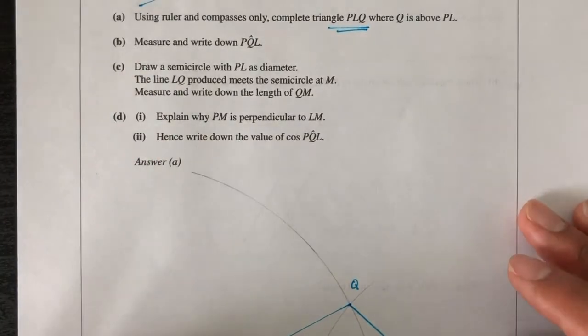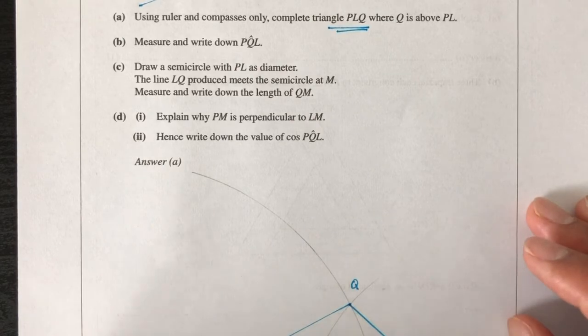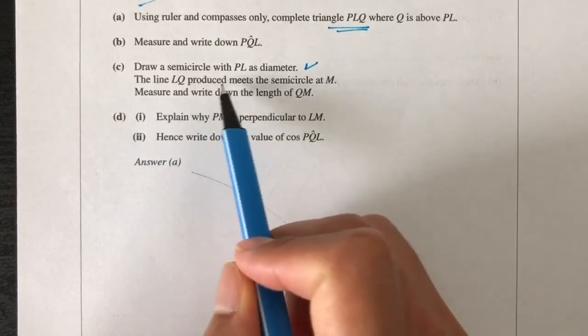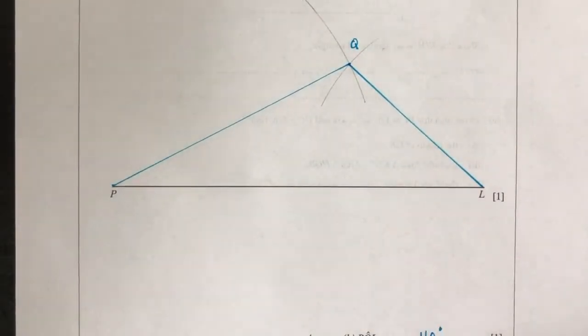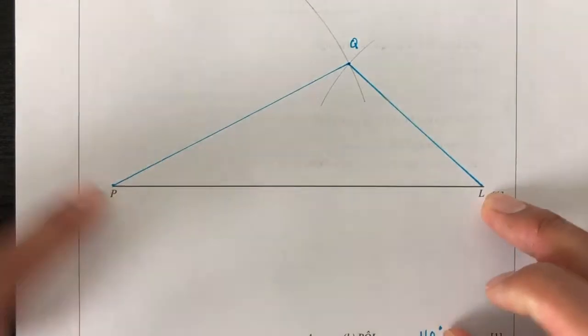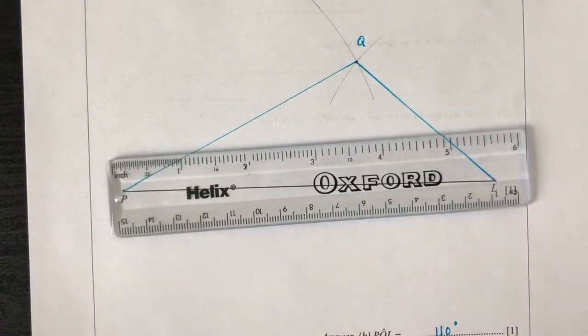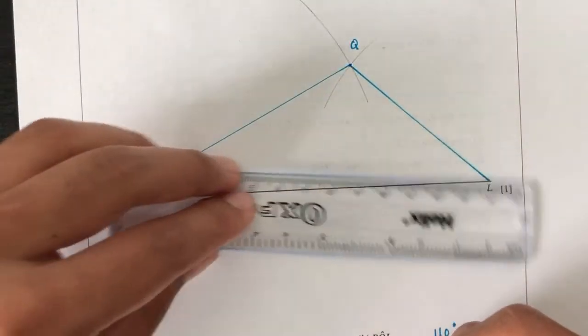So part C, draw a semicircle with PL as the diameter, and then the line LQ produced. So let's do the first one first. PL as the diameter. The length of PL is 14, which is given to us, which means the radius will be 7.